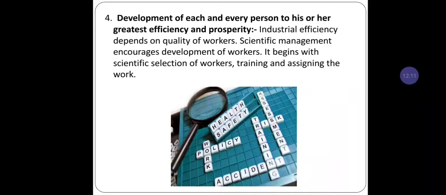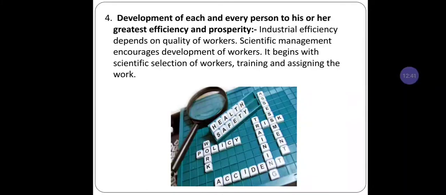And the fourth point, we have development of each and every person to his or her greatest efficiency and prosperity. That means when you are appointing workers, without training you should not send them to the production department or workplace. Please give training to the new employee. If they get the training, they will understand the advantages of training. Also with training, we can increase productivity and reduce the number of accidents or injuries. Understood?